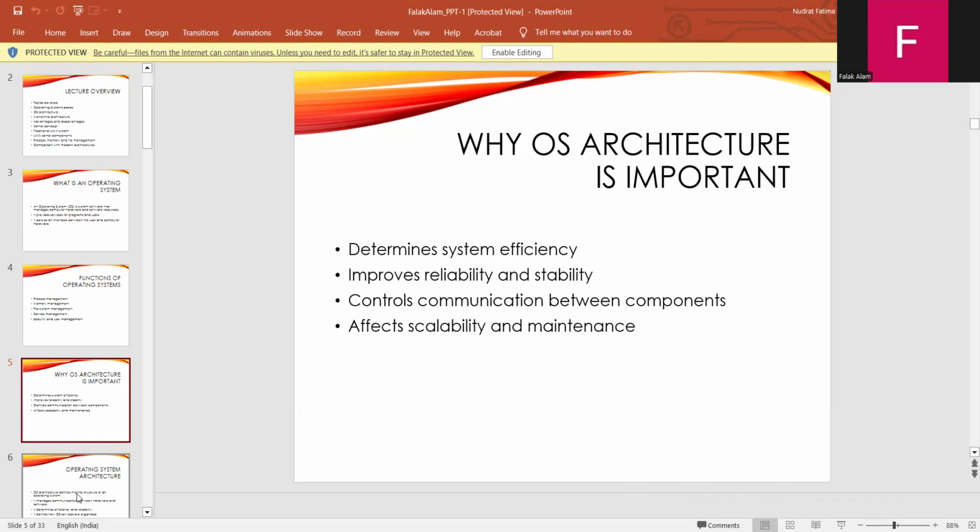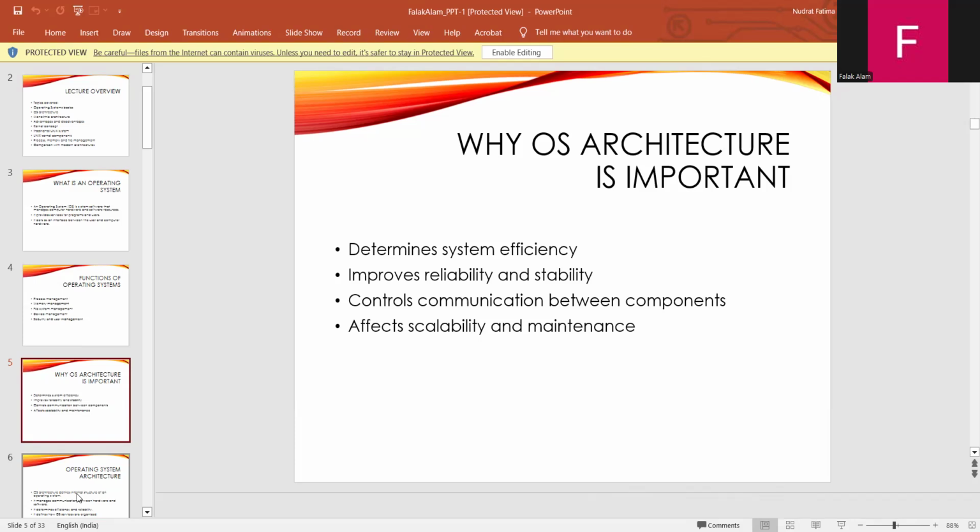The way its architecture is designed, if components are properly isolated, then if any component fails, it may not result in the entire system crashing.